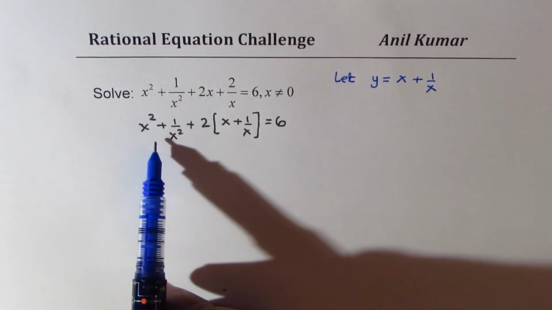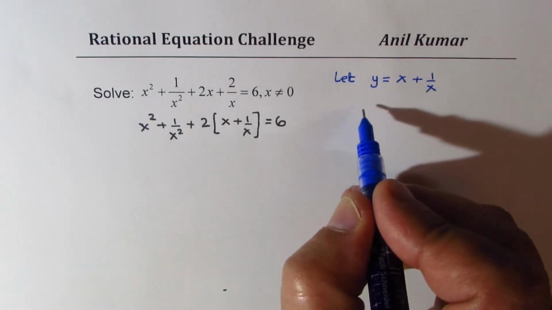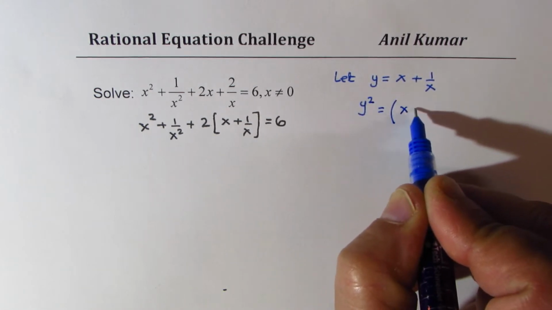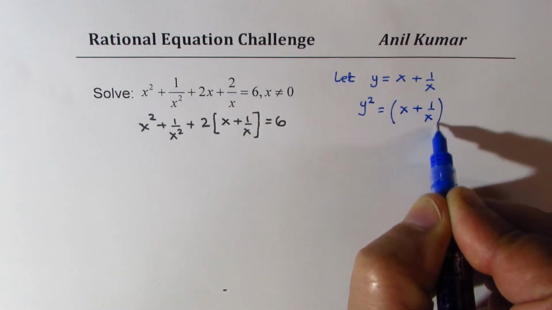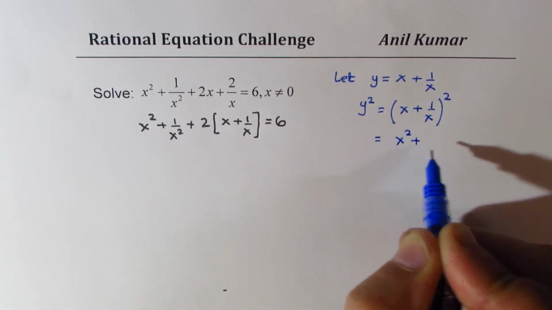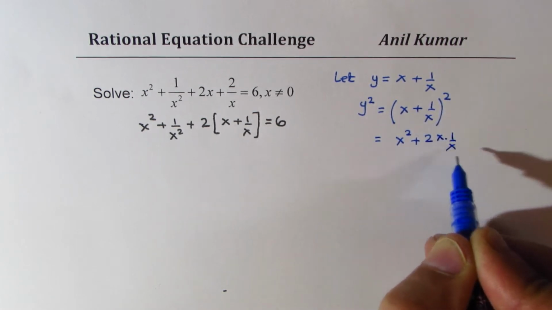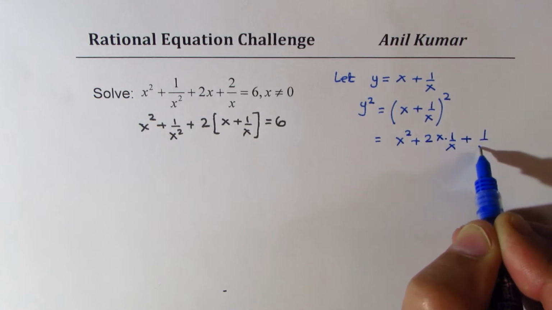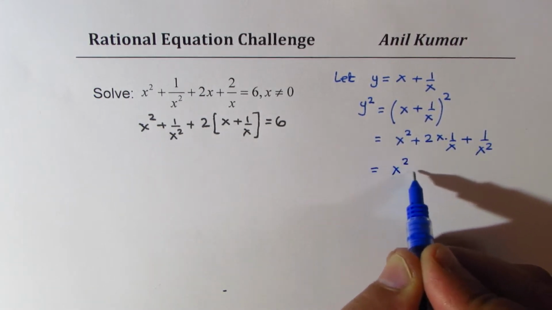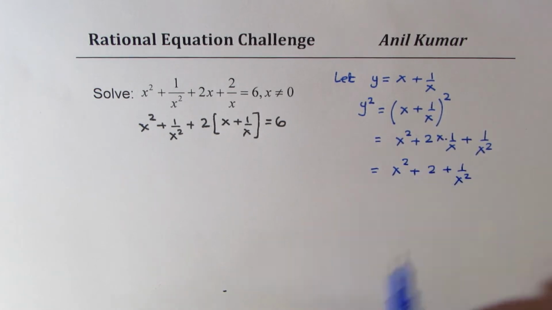Now what should we do with these x squared and 1 over x squared? Let's find out what y squared equals. So y squared will be equal to x plus 1 over x whole square, and when you expand you get x squared plus 2 times ab, that is x times 1 over x, plus 1 over x squared, and that really gives you x squared plus 2 plus 1 over x squared.